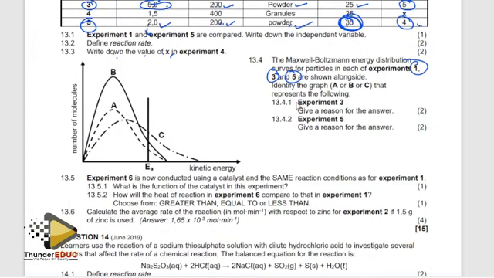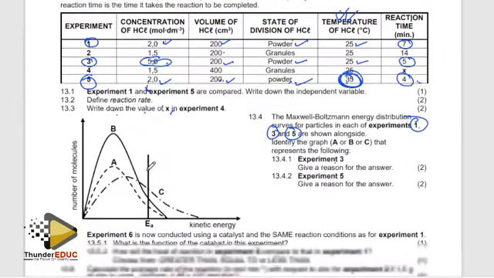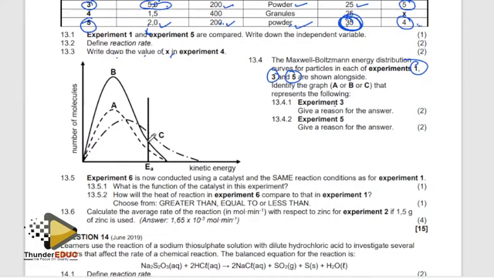What is experiment 3? Experiment 3, if you look at it, is just normal. If you look at it here, it shows that it's just normal. So if you look at these questions, you'll see that for experiment 3 you have this, you have this, and you have this.